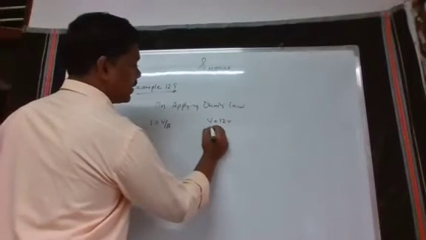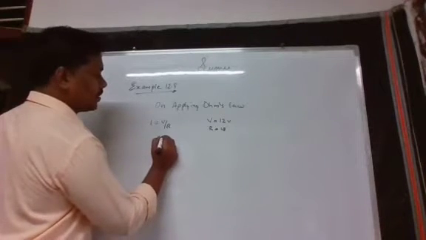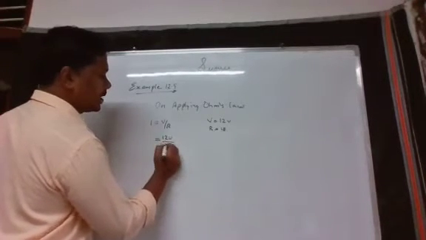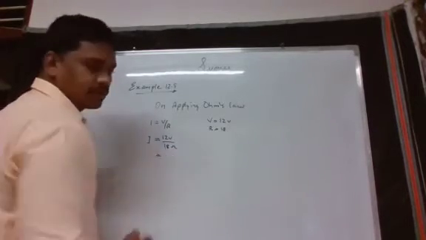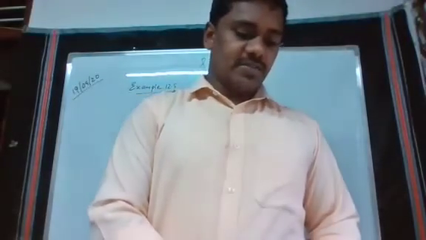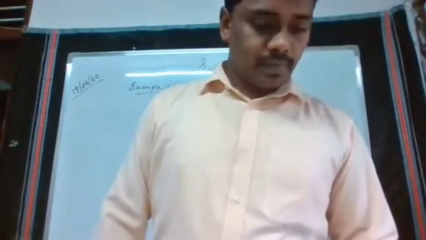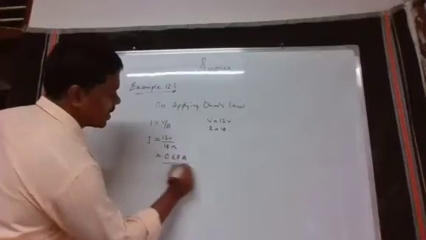R is 18 ohm. Then we substitute it here: 12 volt by 18 ohm. I is equal to, what is the answer we are getting there? 0.67 ampere.